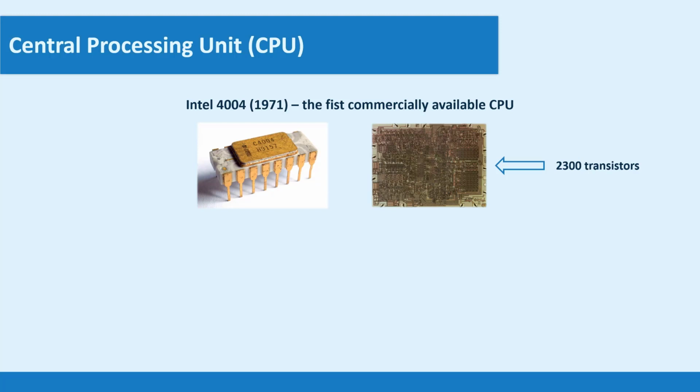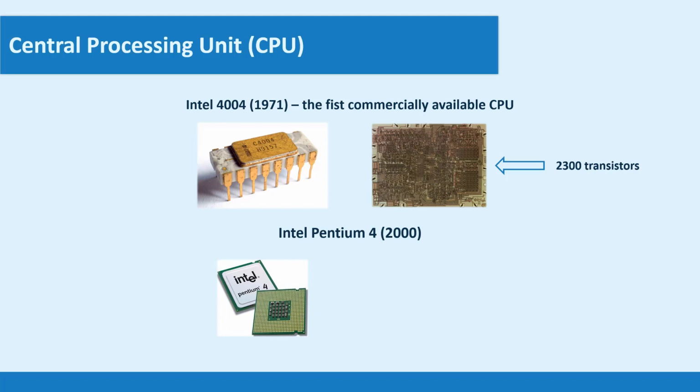Alright, but it was 1971 and a lot of time passed since then. In year 2000, Intel introduced its series of Pentium 4 processors, and these processors were much more complex. So if you look at the back of this processor, you will see a lot of small yellow dots.